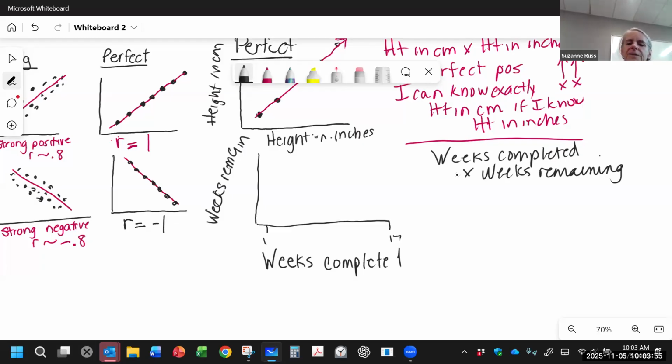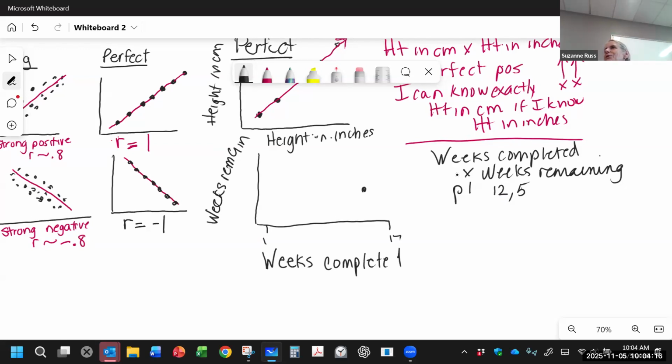I've completed 12, so let's give me a score. Person 1 has completed 12, and so I know I have 5 left because there's 17 in total. So I'll plot my point right about here. That's not a very good, but perfect example, but that's where it might be.